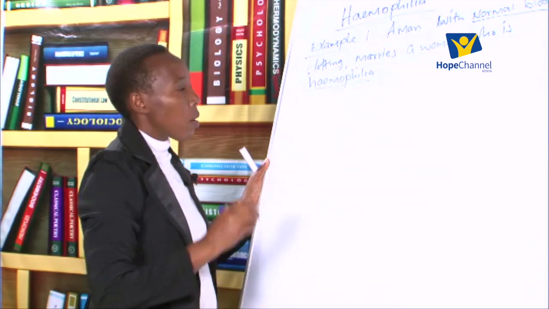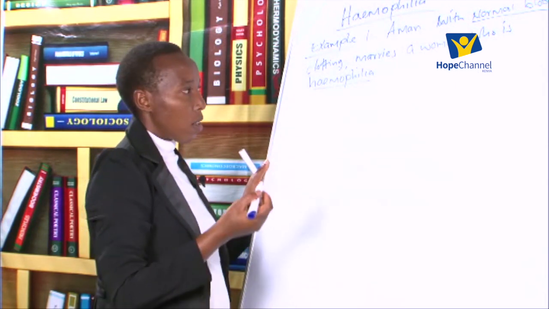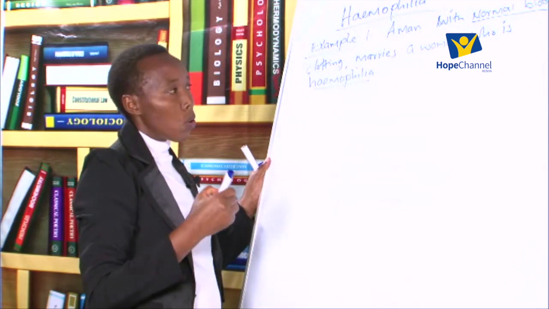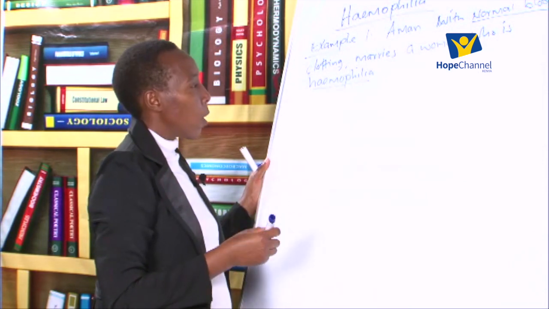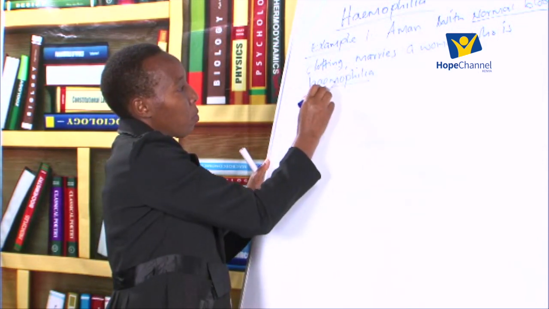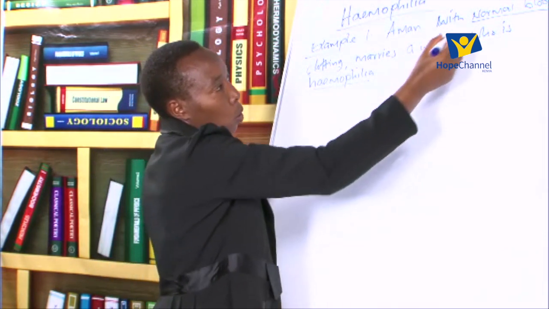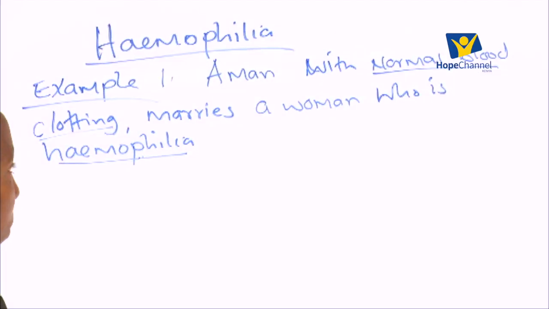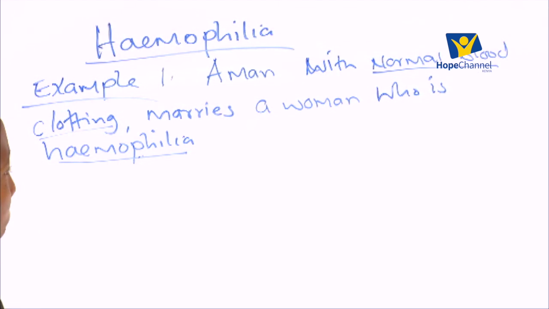Remember that hemophilia is caused by a recessive gene, and anytime we talk about a recessive gene, we use a small letter to represent it. If the gene for hemophilia is recessive, then the gene for normal blood clotting is dominant, meaning it will suppress the recessive gene. So we want to pick a letter.